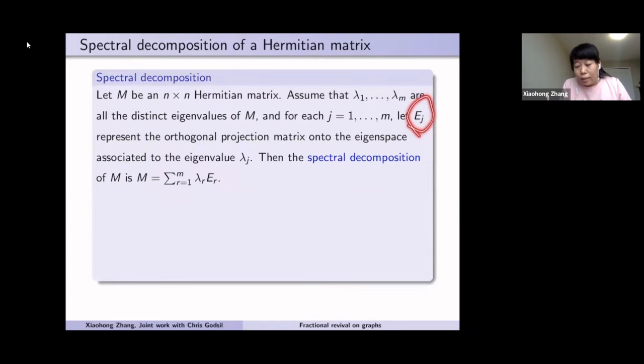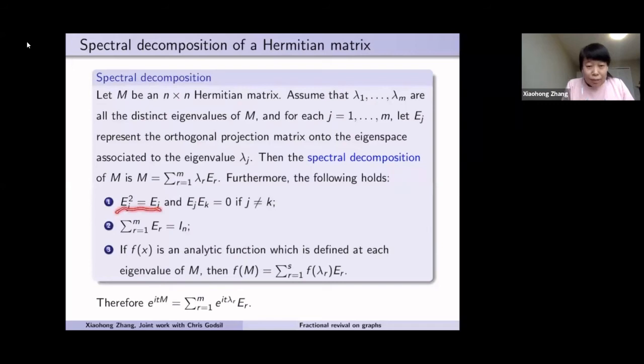We use E_r to represent the orthogonal projection onto the space. Then our Hermitian matrix M can be written as a linear combination of those projection matrices, with the coefficients being the corresponding eigenvalues.